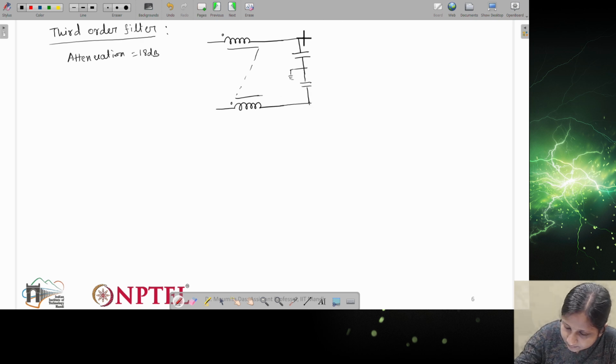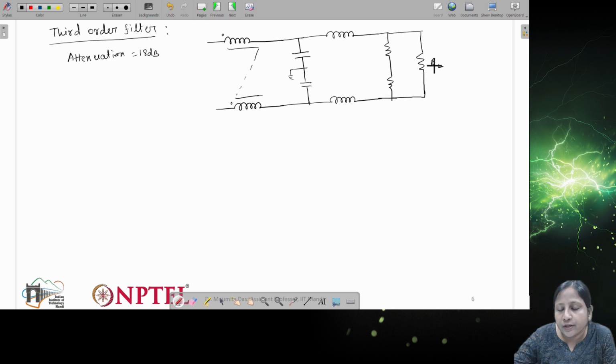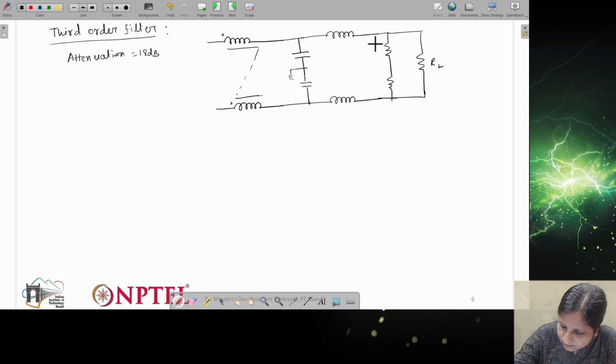Right? This is another inductor, this will be connected to the resistor, right? And this is the differential load RL. Okay, so this will be RL, and we can say this is VCM out.